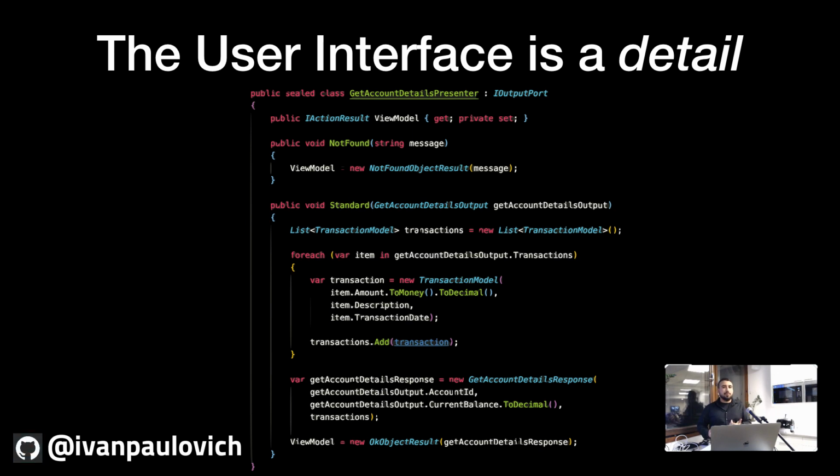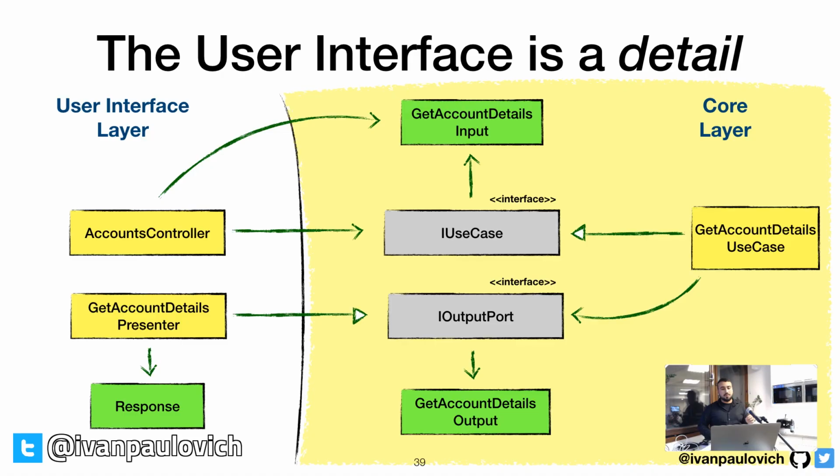The presenter object implements the output ports, the not found and the standard, and it knows what the output message is, and each method is responsible for generating the view model object. So one method or another will be invoked, and the controller just needs to say, give me the view model.